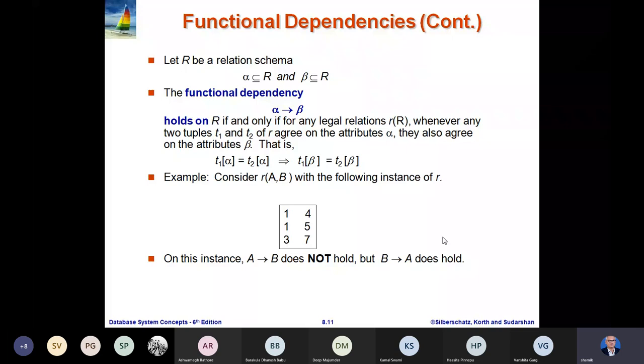That is, t1[alpha] equal to t2[alpha] implies t1[beta] equal to t2[beta].